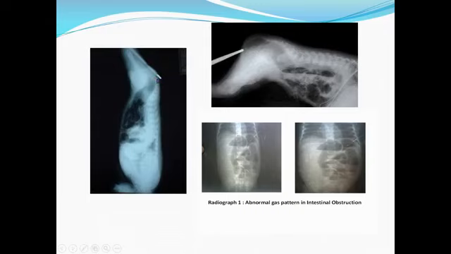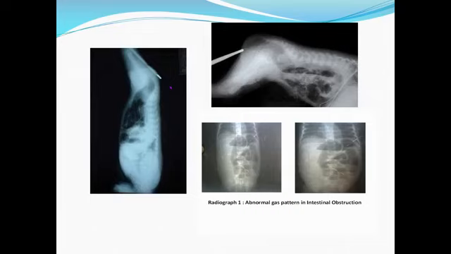The distance between the proposed anal orifice and the blind-ended loop of the rectum is important. If it is very near to the proposed anal orifice, it is low variety, and if it is high enough from the proposed anal orifice, it is high variety. So by the radiological features in the invertogram, you can diagnose anorectal malformation.